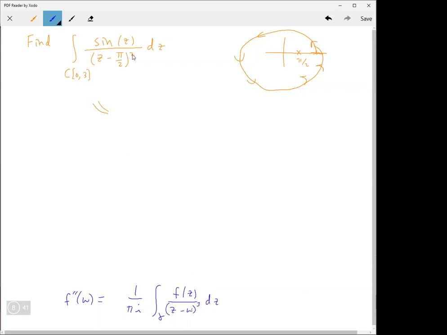Wait a minute, I copied it down wrong. That is supposed to be a cube right here. Sorry about that, I meant to write a 3 there.